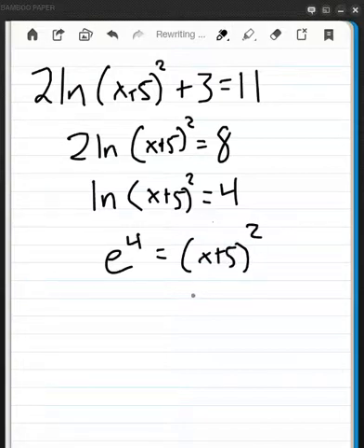And again, if you were going to solve this, you can start to, because now you have a quadratic equal to a constant, and you can certainly solve this. So that is the benefit of rewriting a log as an exponential and vice versa. It's really so that you can get your independent variable outside of whatever the function is, so that you can then solve algebraically. And there you have it.